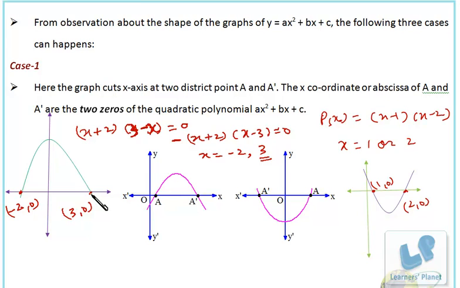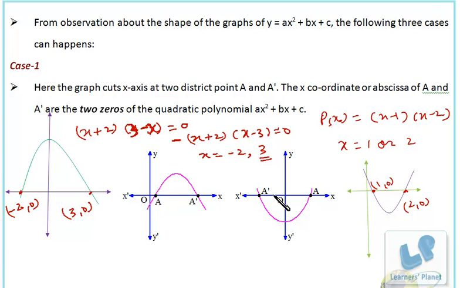So these 2 points are where the curve is intersecting x-axis, right? So minus 2 and 3 are zeros of this given quadratic polynomial. But since coefficient of x square is negative, we'll be getting a reverse parabola. So you have to be very clear when we'll be getting this type of parabola and when we will be getting this type of parabola, right?